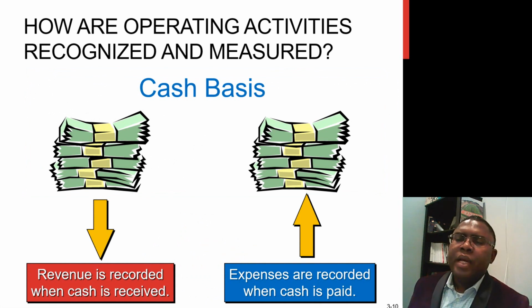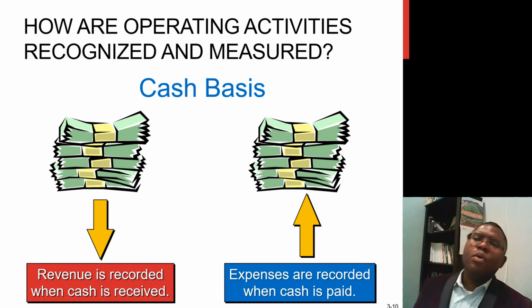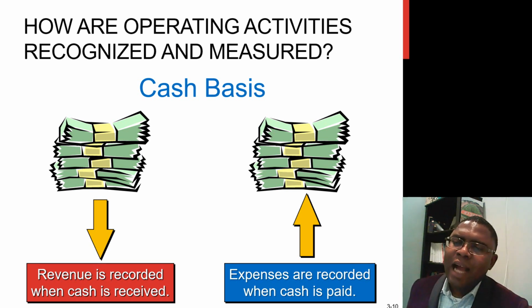In this chapter, we are going to focus on what we call the accounting basis in recognizing revenue. It differs from the cash basis. So the accounting basis, or what we call the accrual basis. With cash basis, revenue is recorded when cash is received.